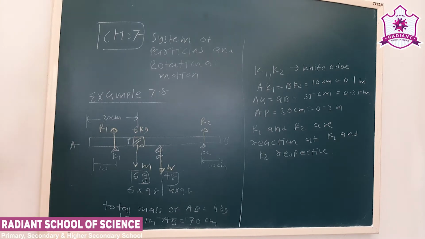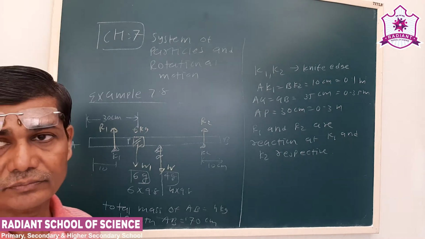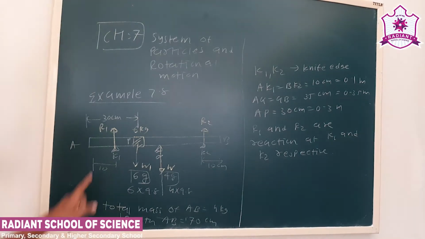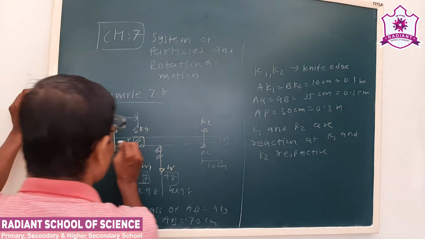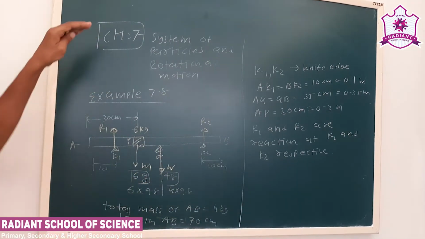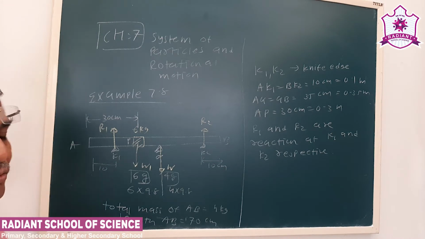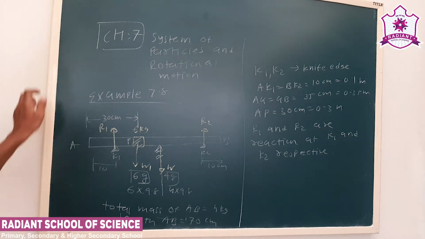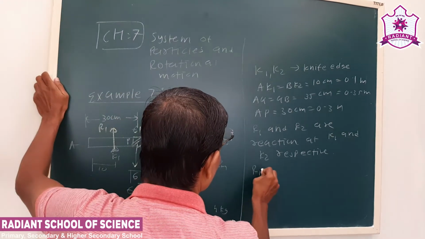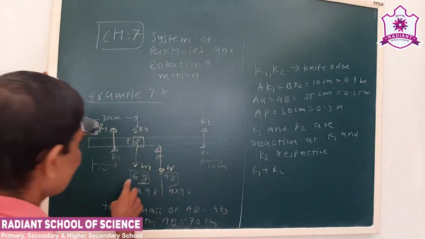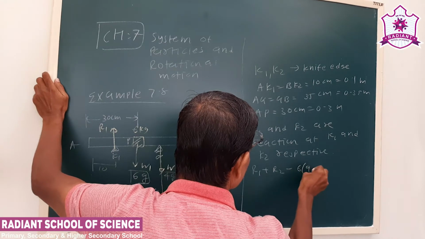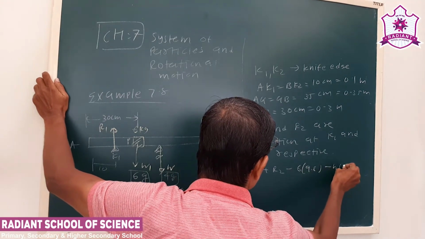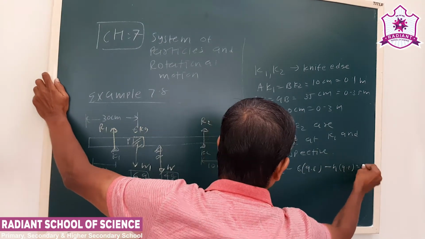Now first we consider linear equilibrium. We can say this is again the origin. Upward force we consider positive, and downward force we consider negative. R1 and R2 are the reactions, which are forces only. So upward forces are R1 plus R2, minus 6g, minus 4g, is 0.